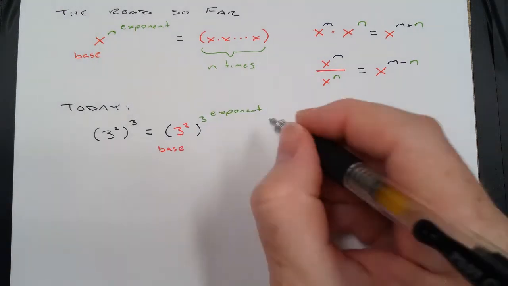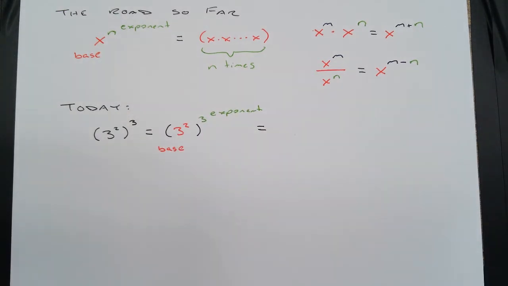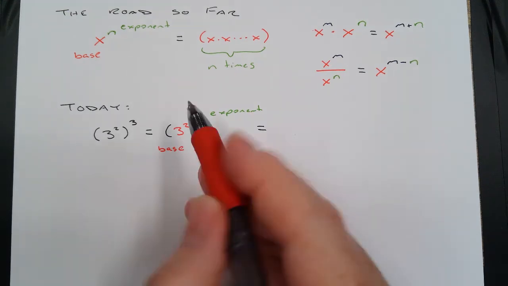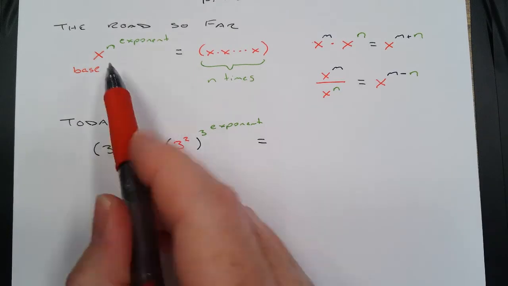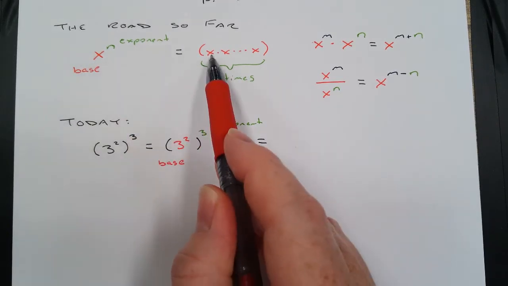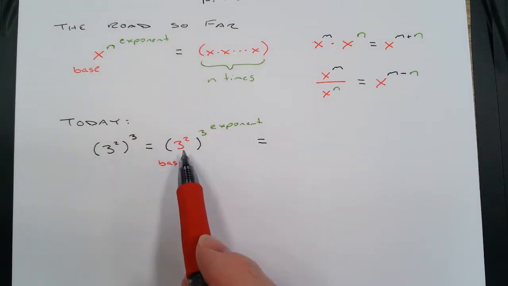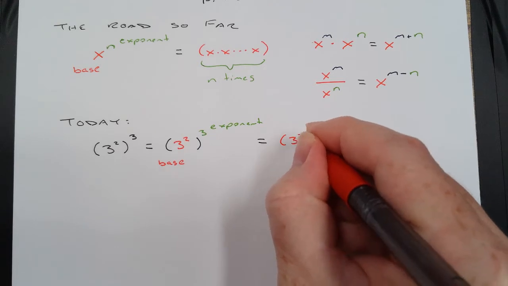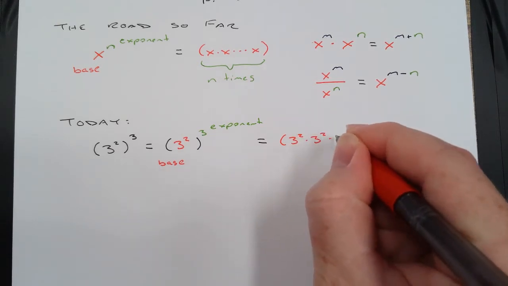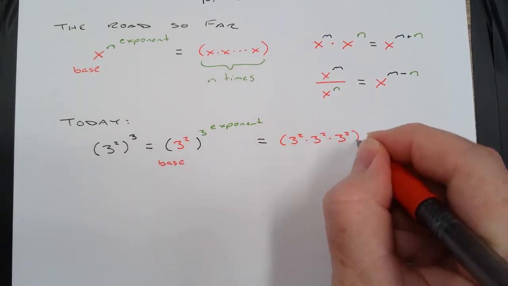The base is what gets repeated. Just like right here, the x is the base, and so we get x times x times x. This time, 3 squared is the base. So you don't have to do anything except 3 squared times 3 squared times 3 squared.